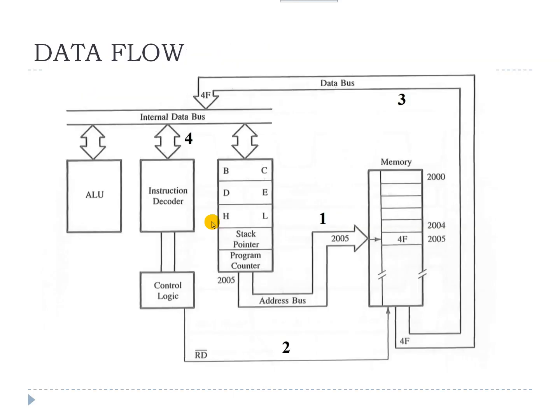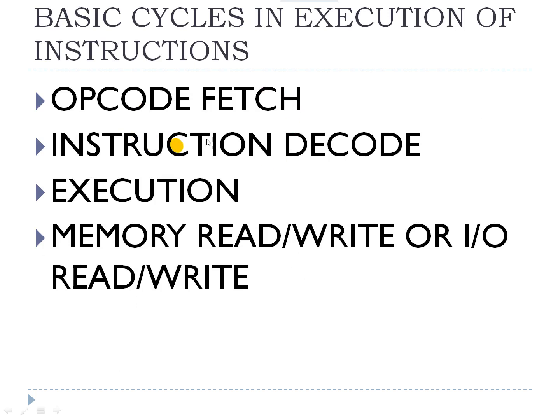Depending upon the cycles in the basic execution of instructions, we have the opcode fetch and the memory read or write signals. The other steps of the cycle are inherently multiplexed into the particular cycle.